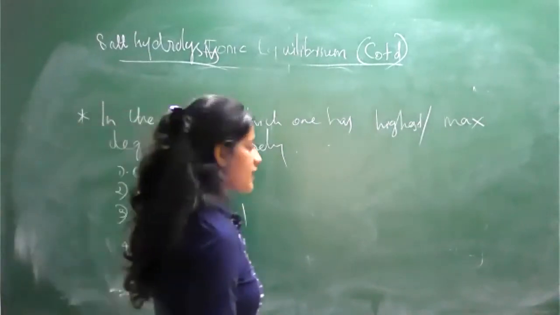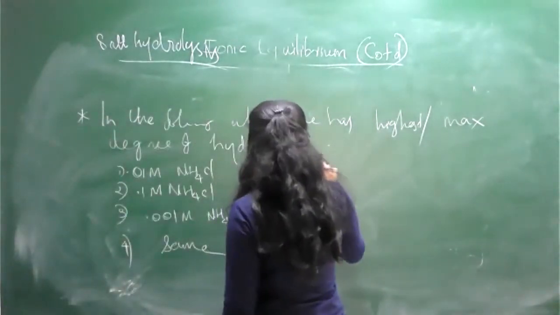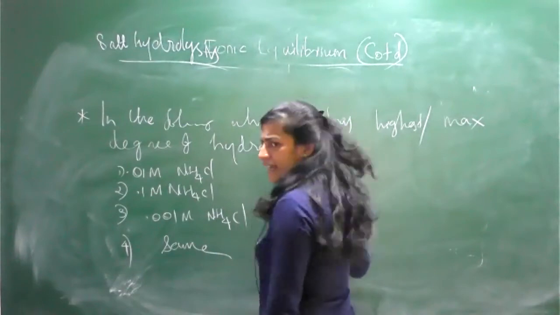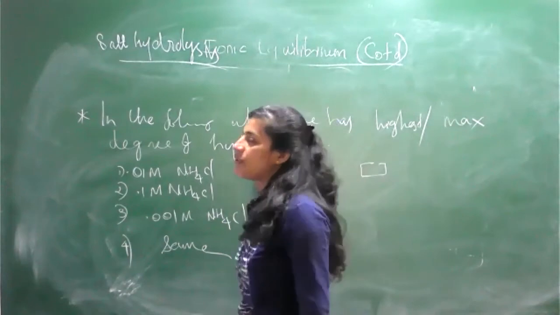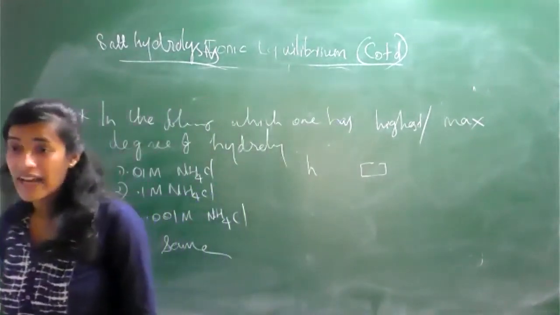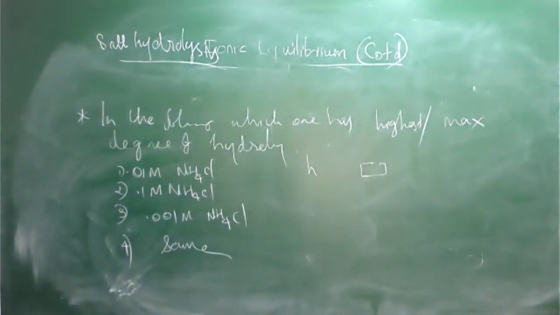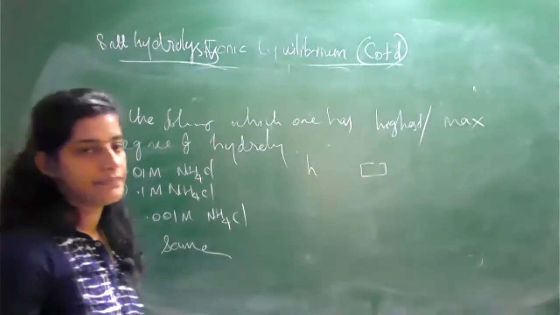Degree of hydrolysis H is given. You want to compare it with concentration. How is degree of hydrolysis connected to concentration? This much only is your logic. You are telling second one. What about your answer?